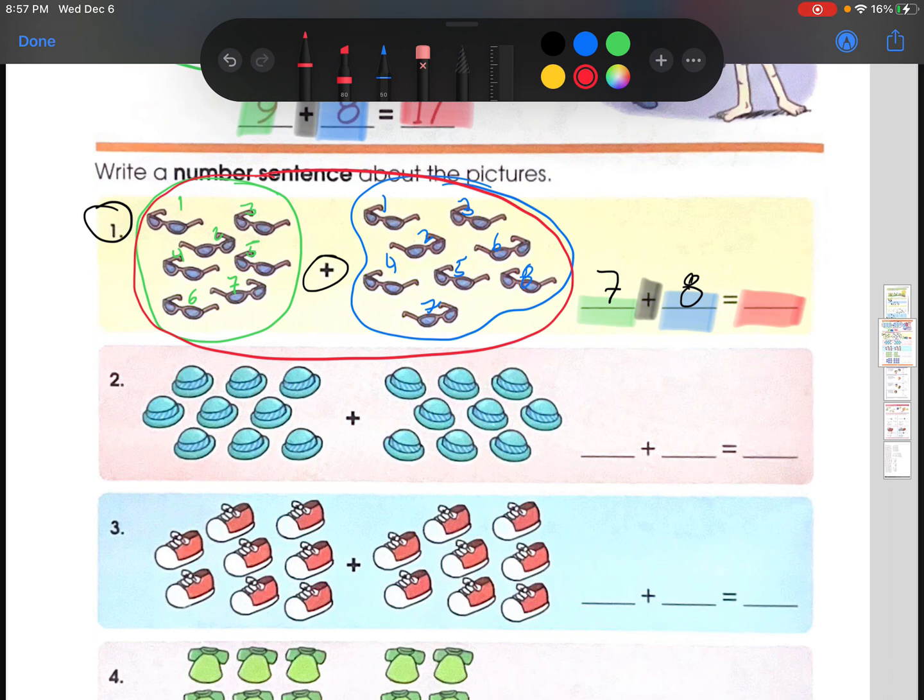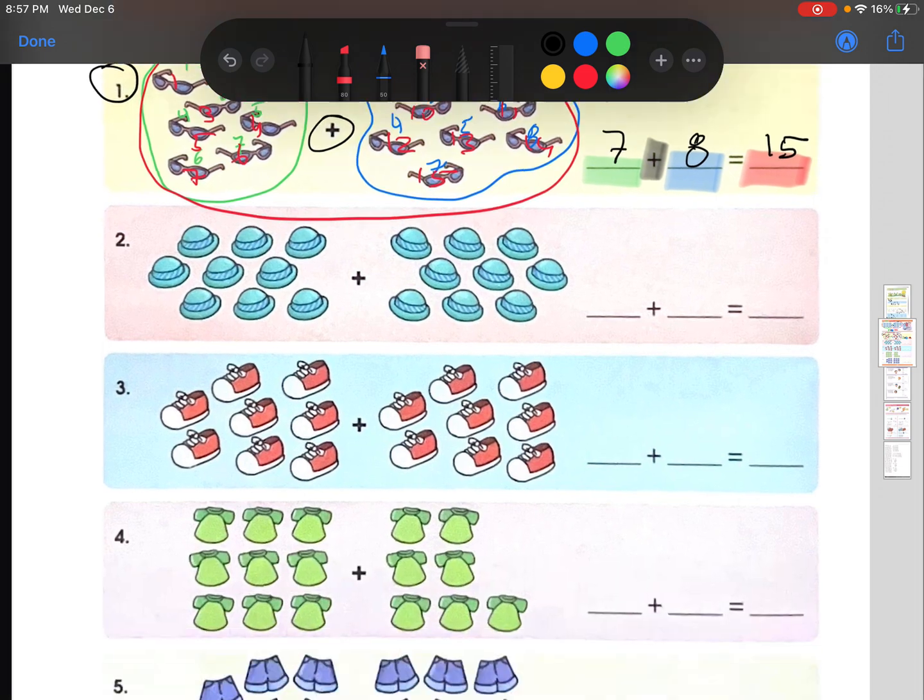So we can just do 7 plus 8, which is, we can count again, 1, 2, 3, 4, 5, 6, 7, 8, 9, 10, 11, 12, 13, 14, 15. So the answer would be 15.